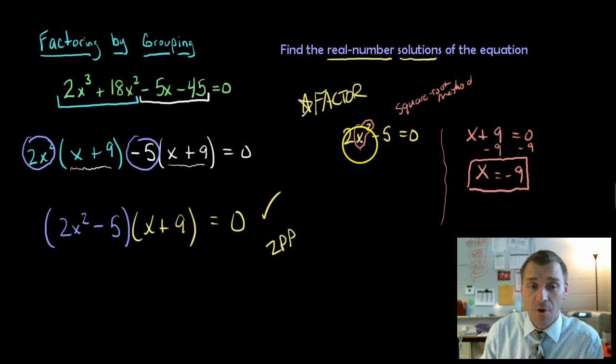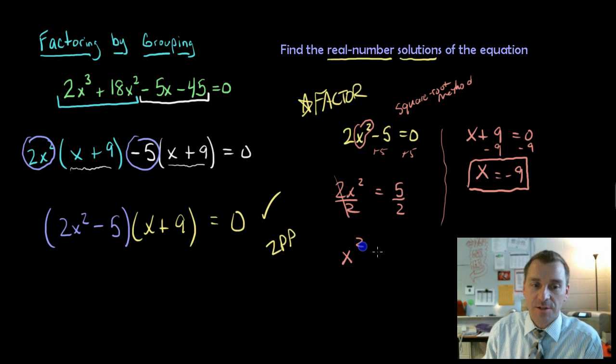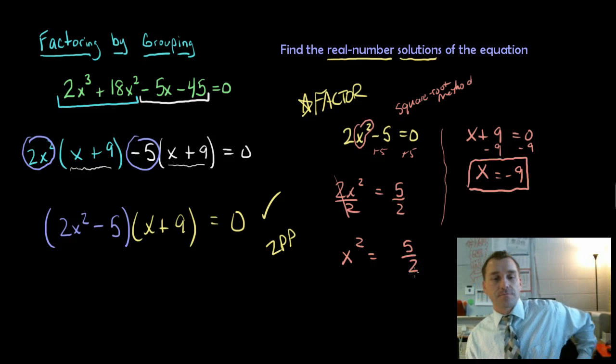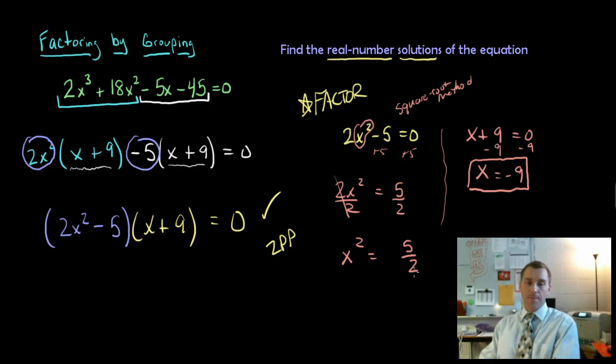Again, we're just simply solving this little equation for x. So I'd add 5 to both sides. That leaves me with 2x squared equals 5. Beautiful. Now I got to divide by 2 because I got to get the thing that's squared by itself. So that cancels out. Now I'm left with x squared equals 5 over 2.